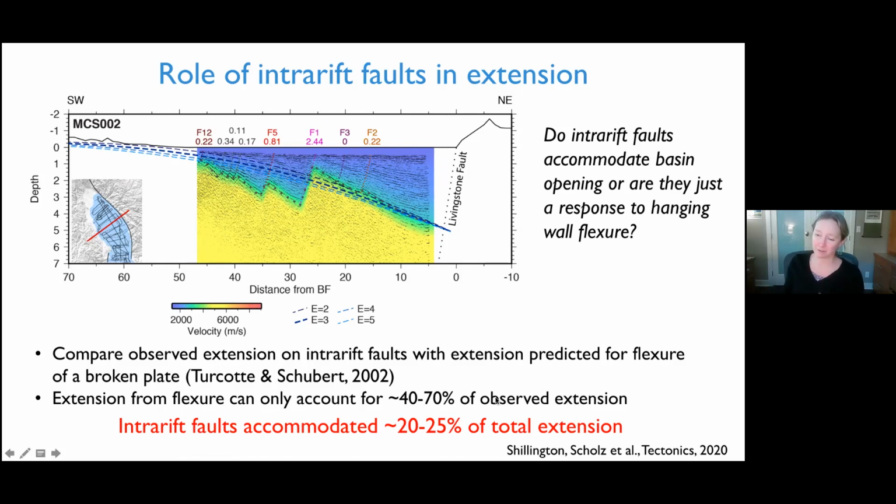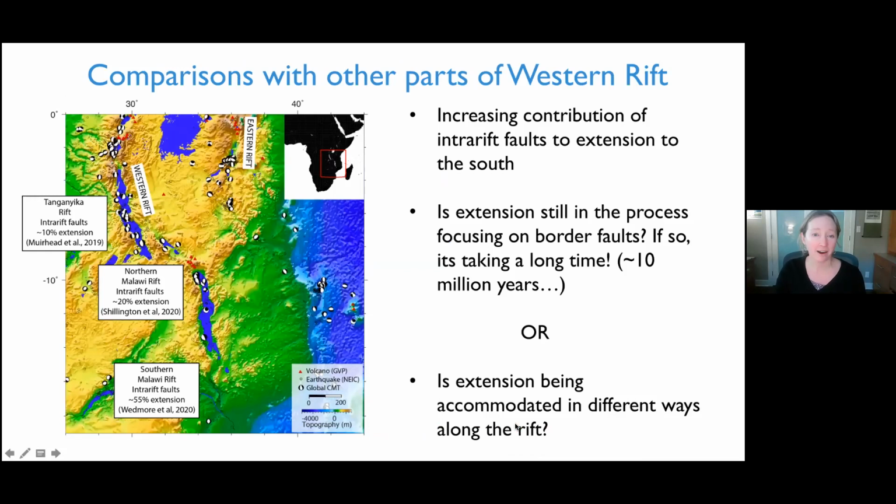And so then if we take the remainder of the intra-rift faulting and we compare that with the border fault, we estimate that these intra-rift faults have accommodated about 20 to 25% of the cumulative opening. And so they are in fact playing a role.